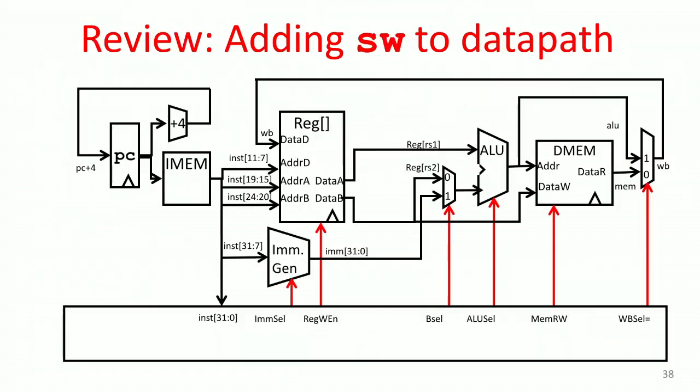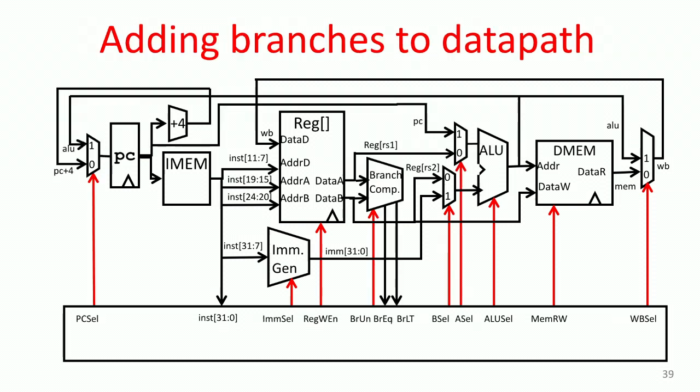Let's look at actually what we need to do. This is the data path we had so far after the store word. So now we're going to make some changes. First set of changes will be around the PC here. As I said before, we need a multiplexer here to choose the next PC value. This will be under the control of the controller, because it's going to know the result of the comparison. We have a branch comparator here.